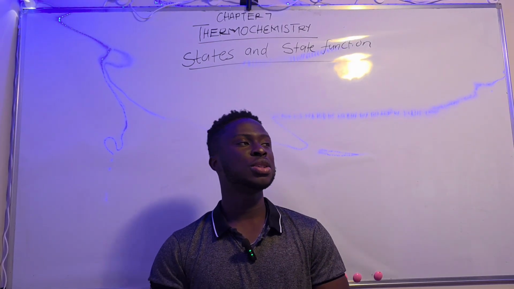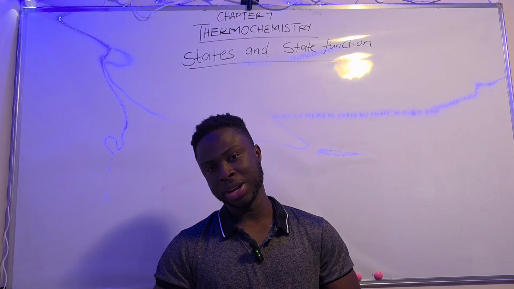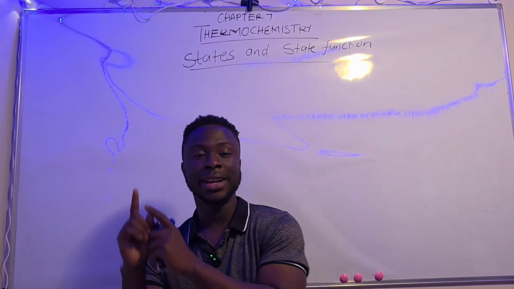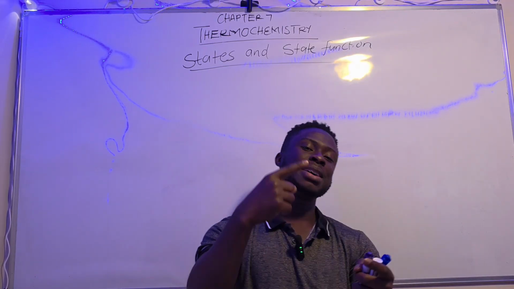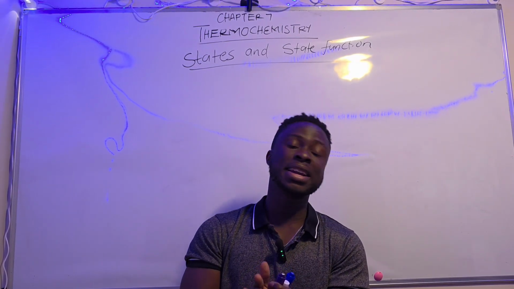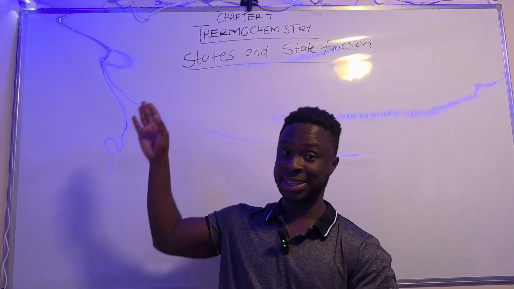Last time we discussed systems, and we said we have three types of systems: open, isolated, and enclosed. Now these systems can be in a state, and that state is determined by the properties.